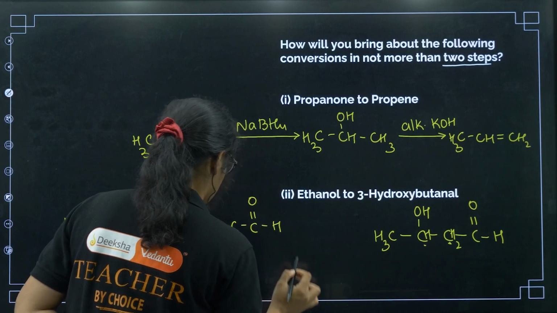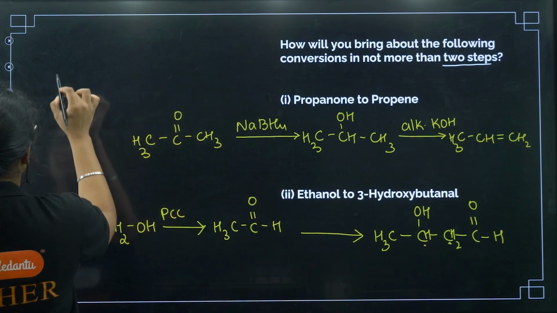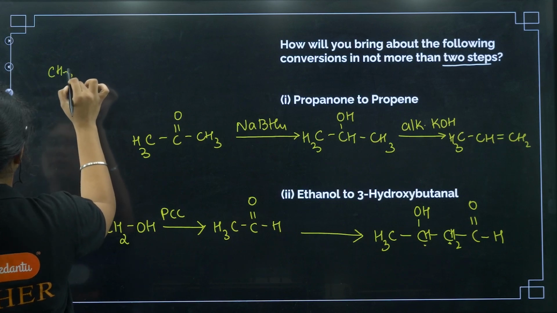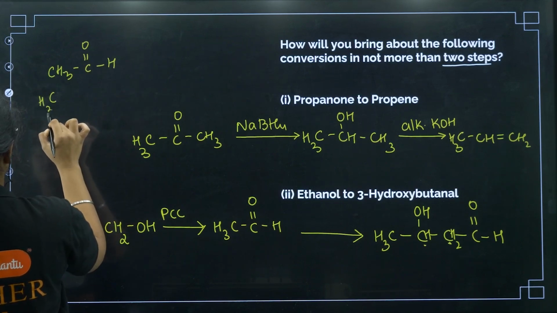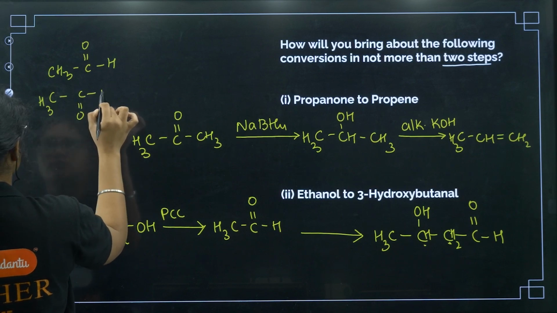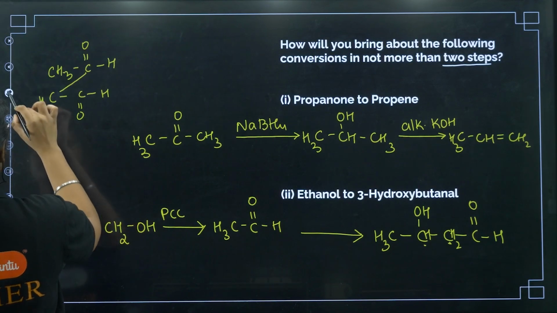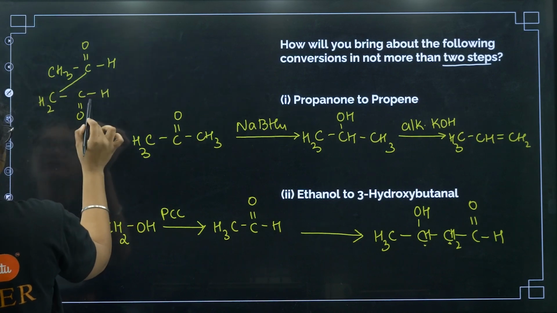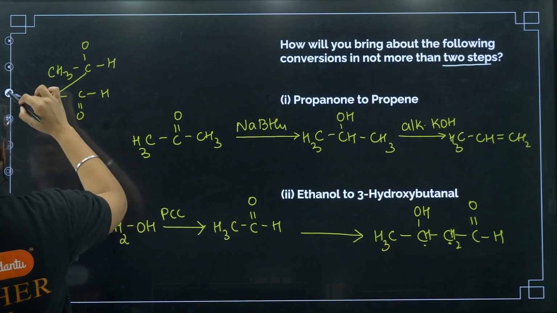CH3CHO, right? Now if I'm reacting this one for aldol condensation, then what should be the product? I have taught you the trick to find the product for aldol condensation, right? So you will get this compound, and here it will be OH.